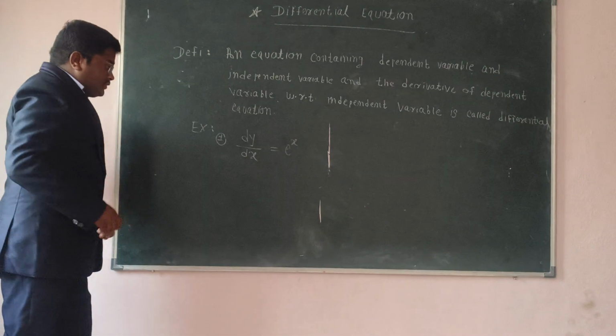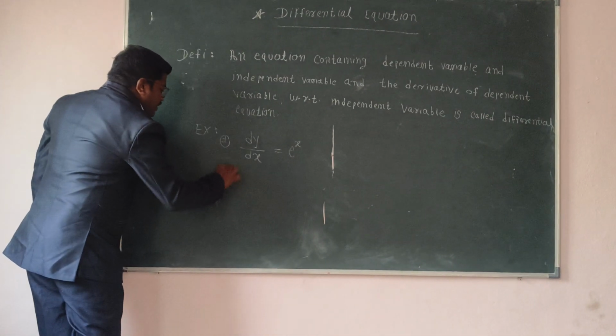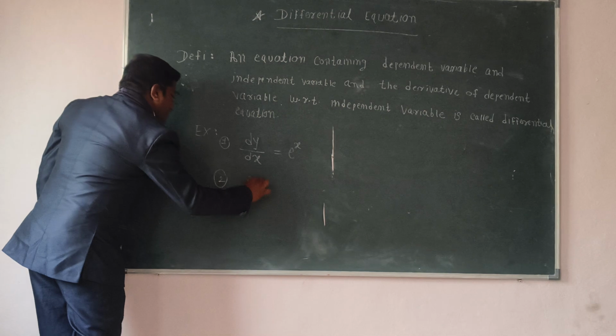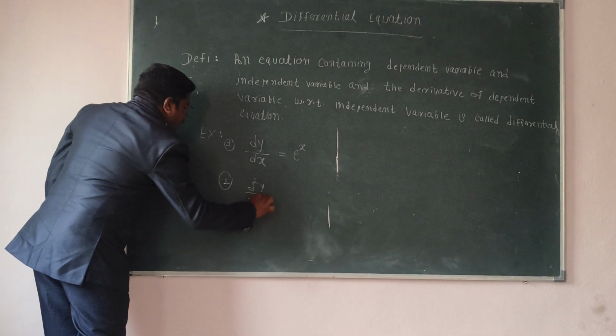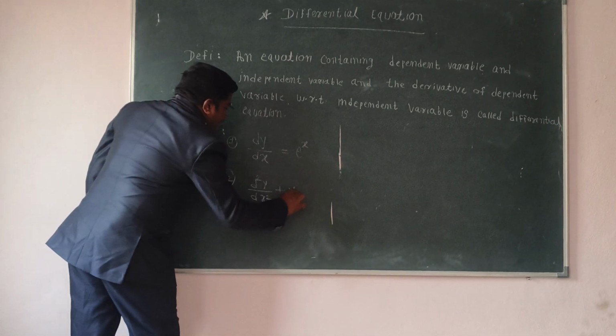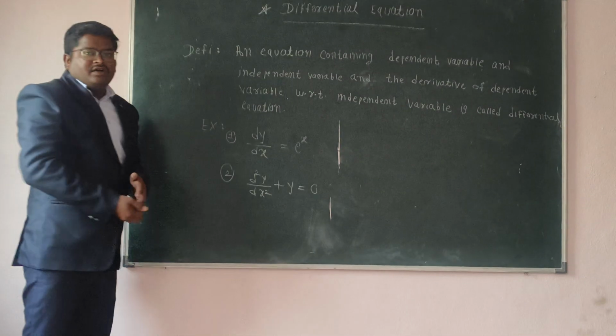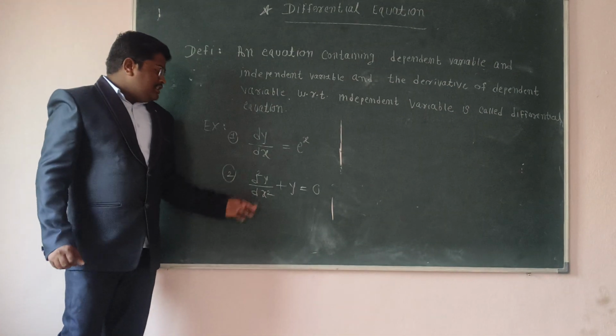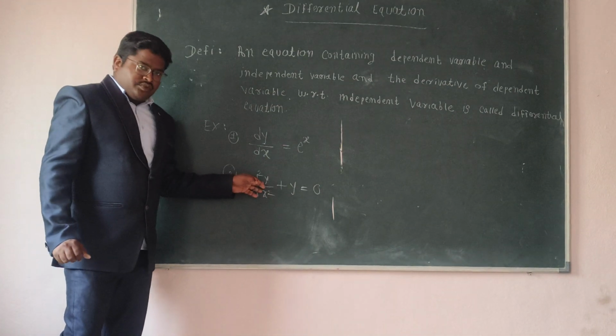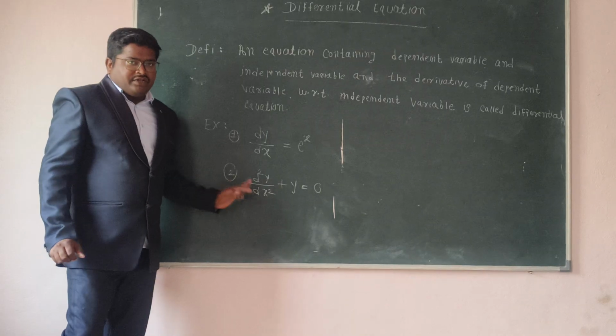Now, the second example: d square y by dx square plus y is equal to 0. This is a second order differential equation. In this equation, the derivative is taken twice.